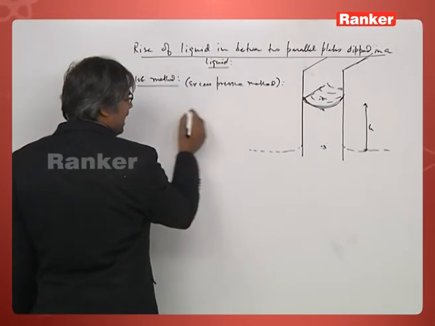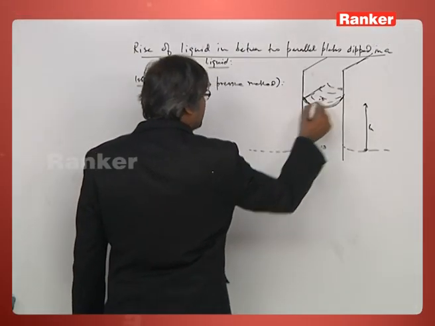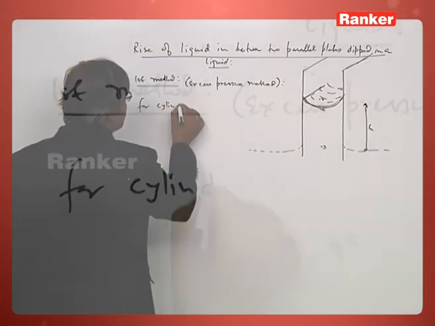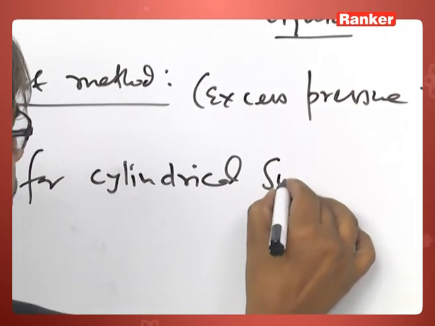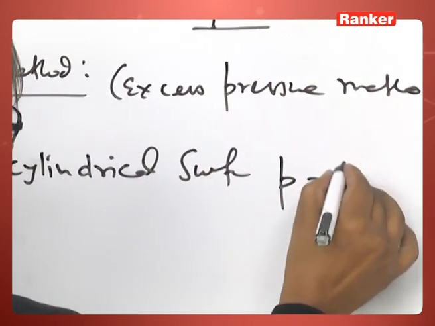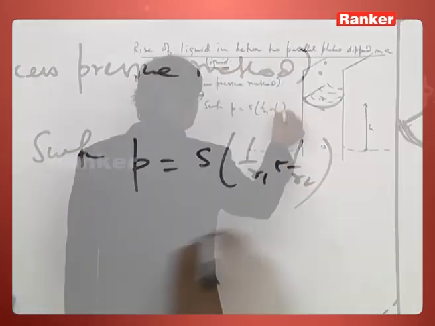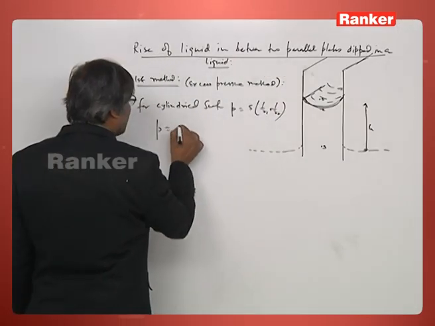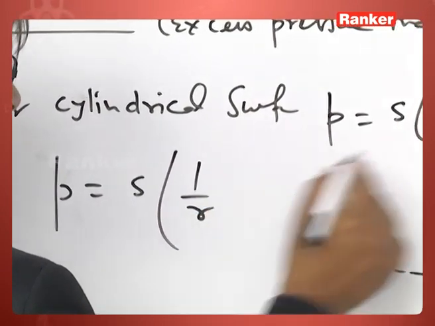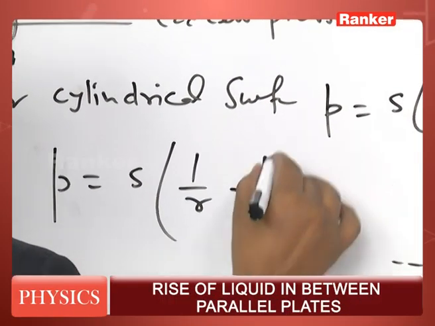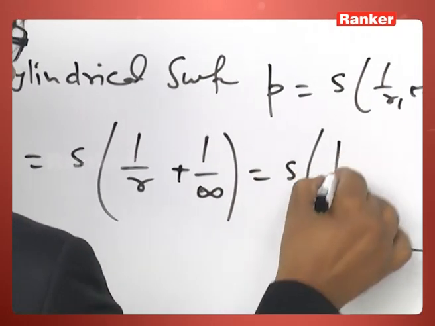Applying excess pressure for a cylindrical surface, excess pressure tells that S times (1 by R1 plus 1 by R2). For our present case, 1 by R is there and the other is infinity, so plus 1 by infinity. So, it is S times 1 by R.